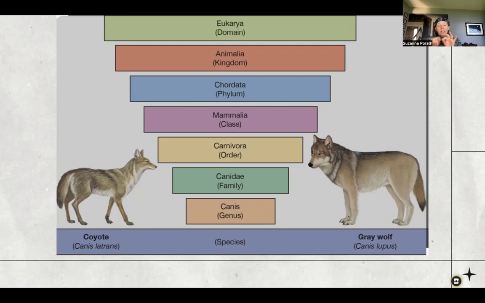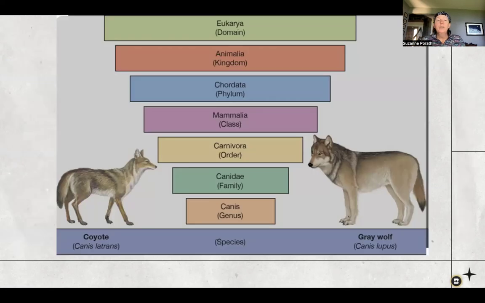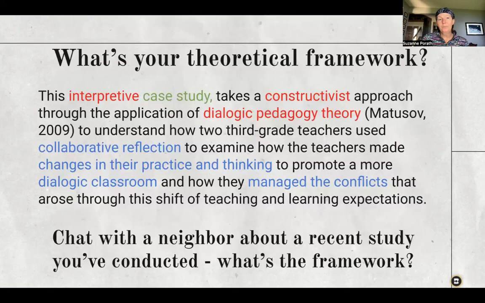And new literacies is different than post-colonial literacy theory. And so that's the difference between the coyote and the gray wolf. So think about how far you need to narrow down what your theoretical framework is. So here's an example of a really short summary of what my dissertation was that I did at UW-Madison, and I deposited it in August of 2013.